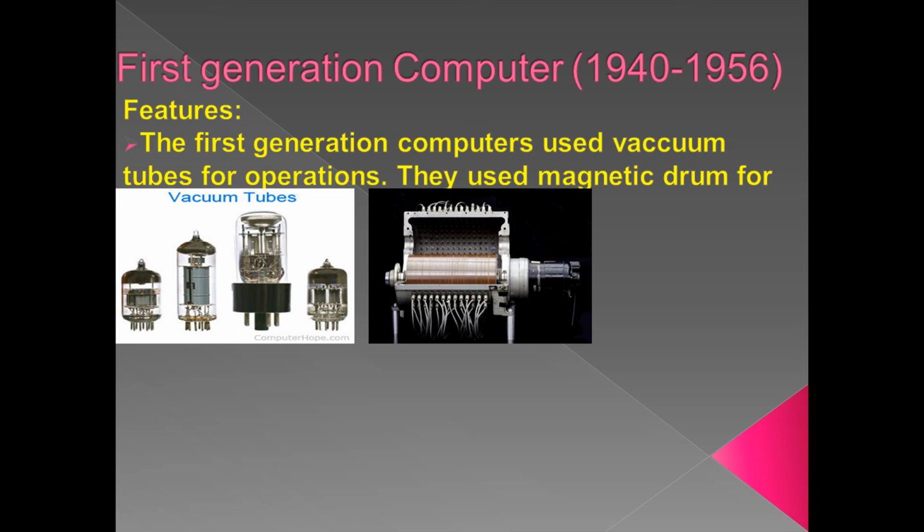See, this was in the first generation. This type of storage device was used, but now in today's era, we use pen drive, hard disks, CD, etc. as our storage device, and they used punch cards for feeding input.